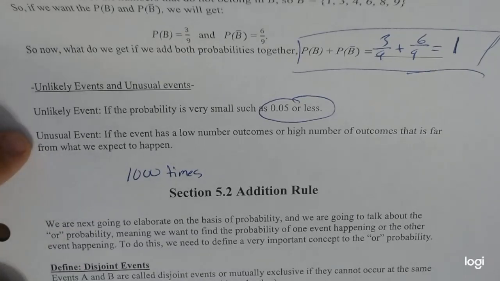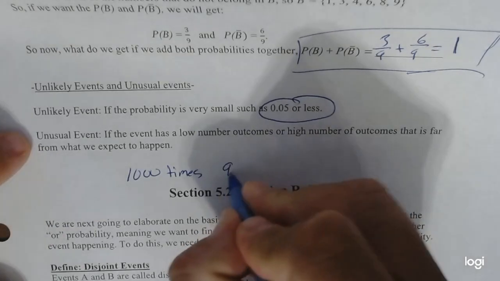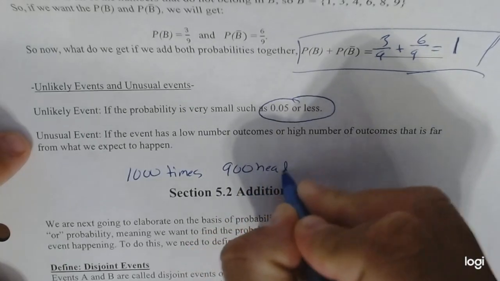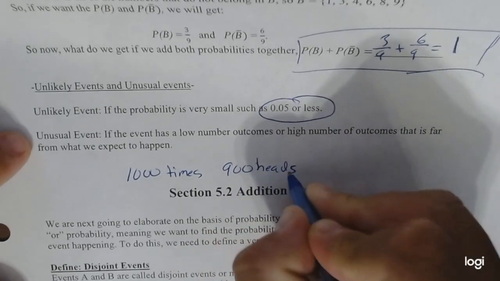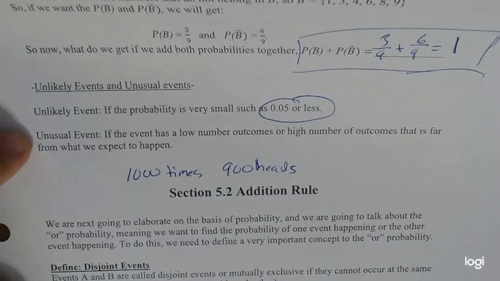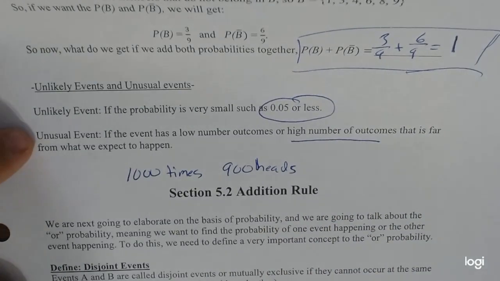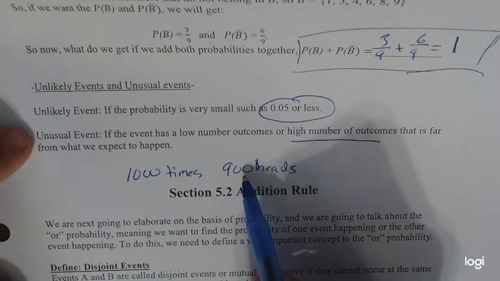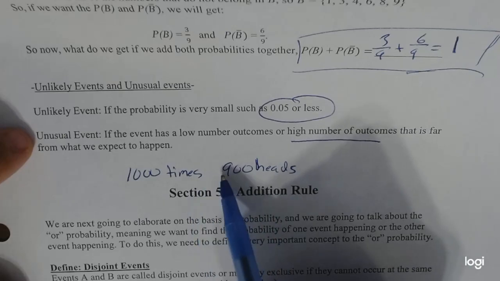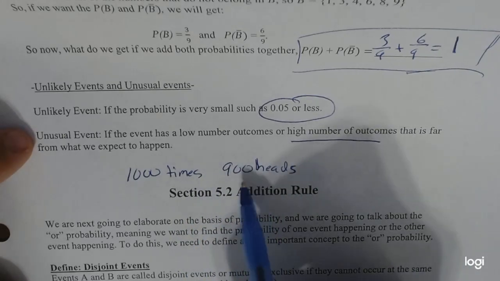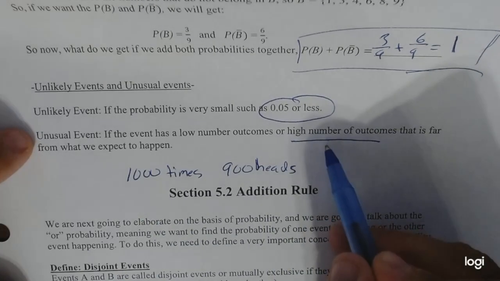But let's suppose I toss it 1,000 times and 900 heads came out. That would be considered an unusual event because the number is very high compared to what you expect. It's called unusual because it's not what you expect to happen. It's 50-50, so this should be around 500.